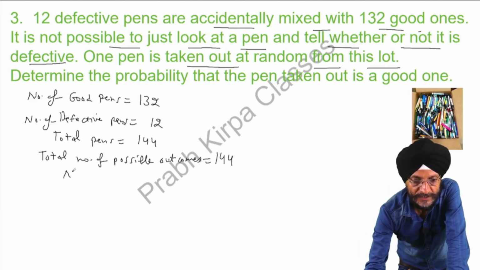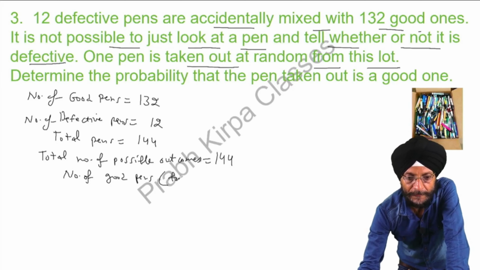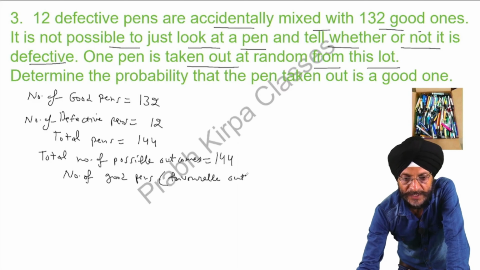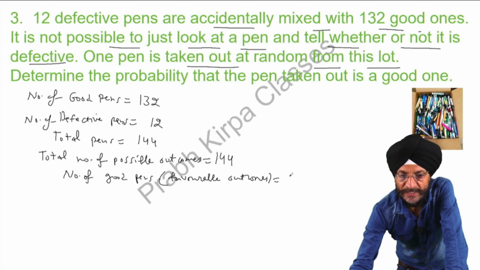So here the number of good pens, or the number of favorable outcomes, are 132.